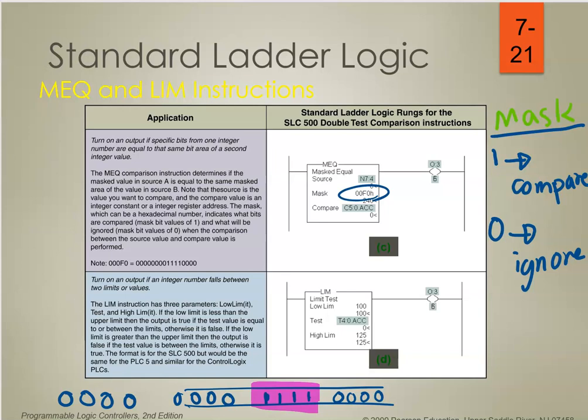If these 4 bits are exactly the same, then you're going to have true. If they're not equal, then it's going to be false.